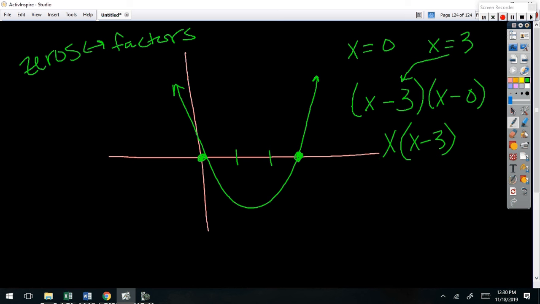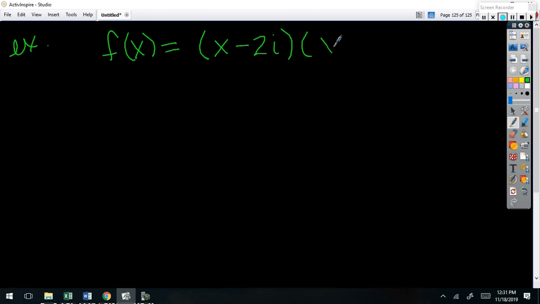Yes, I'm fixing to show you an example. Okay, let's say I told you, this is an example, that f of x equals x minus 2i and x plus 2i. Tell me some things you know. They're imaginary. You see the imaginary in there right off, right?